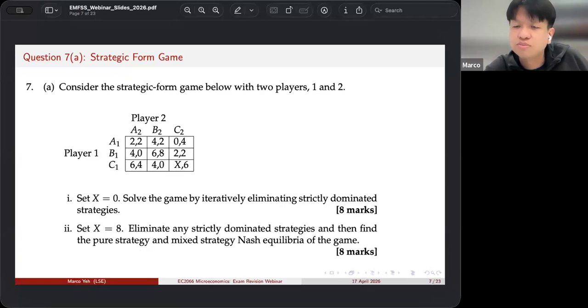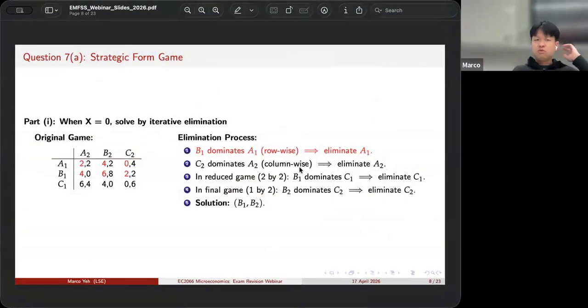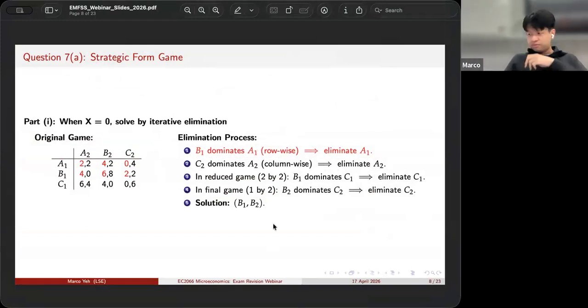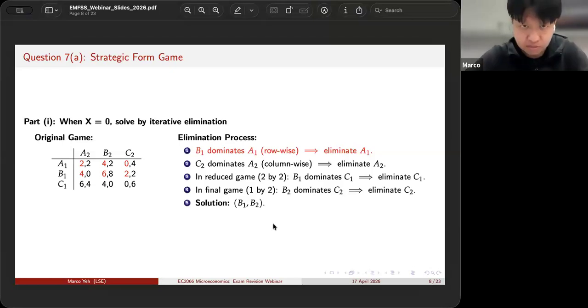So how do we do this? Sorry. When X is 0, I want to eliminate strategies step by step.